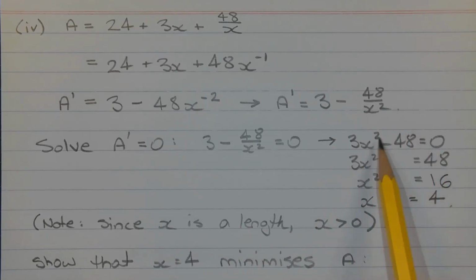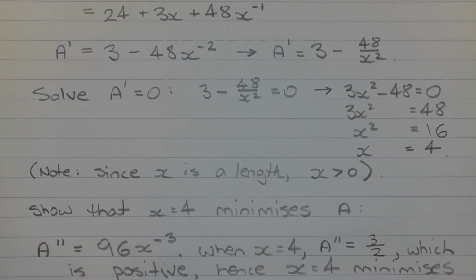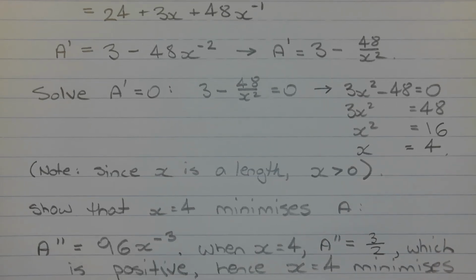Moving the negative 48 from the left-hand side over to the right-hand side, it becomes positive, so we get 3x squared is equal to 48. Dividing both sides of the equation by 3, we get x squared is equal to 16. And taking the positive square root of both sides of the equation, since x represents a length, so it must be positive, we get x is equal to 4.